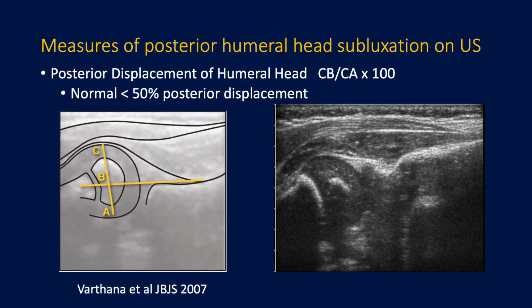The second ultrasound measurement that has been validated is the posterior displacement of humeral head ratio.